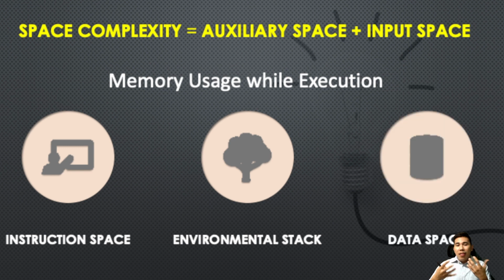Now, the third one is data space. It's the amount of space used by the variables and constants. Actually, when we talk about the space complexity of any algorithm, we consider data space. We neglect the instruction space and the environment stack.